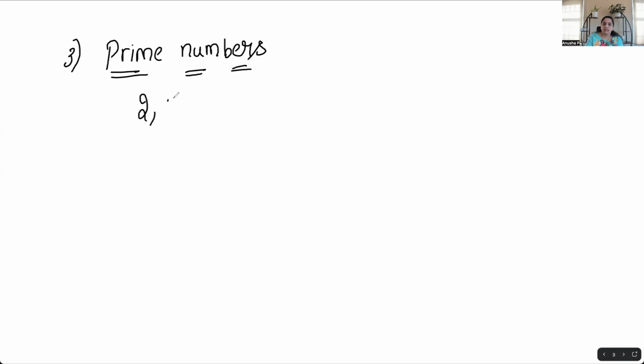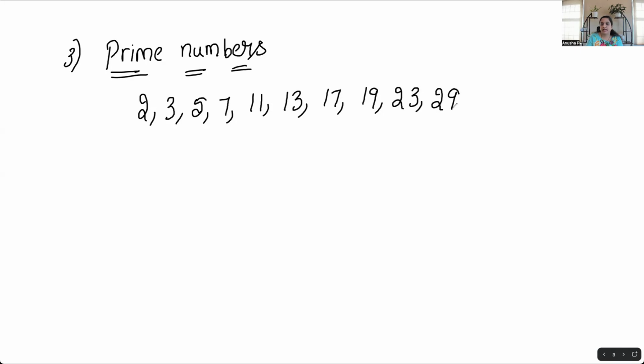Now the third type of numbers is prime numbers. Prime numbers are the numbers that are multiples of only themselves and 1. So 2, 3, 5, 7, 11, 13, 17, 19, 23, 29 and so on.